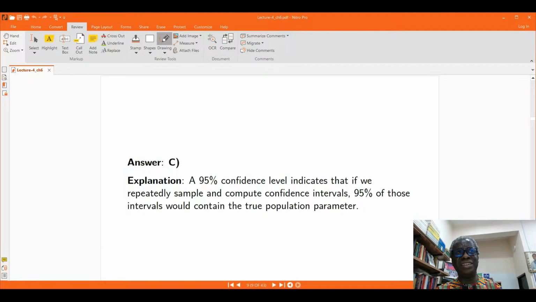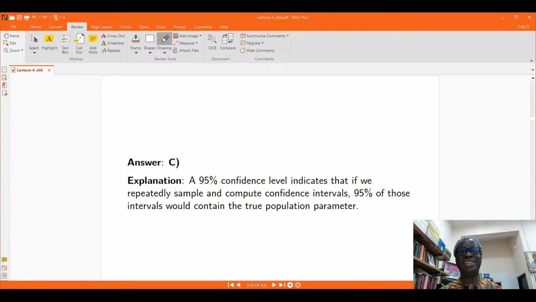Then 95% confidence level means that 95 out of 100 of those confidence intervals will contain the true population parameter. Let's say you are able to compute 100 confidence intervals.